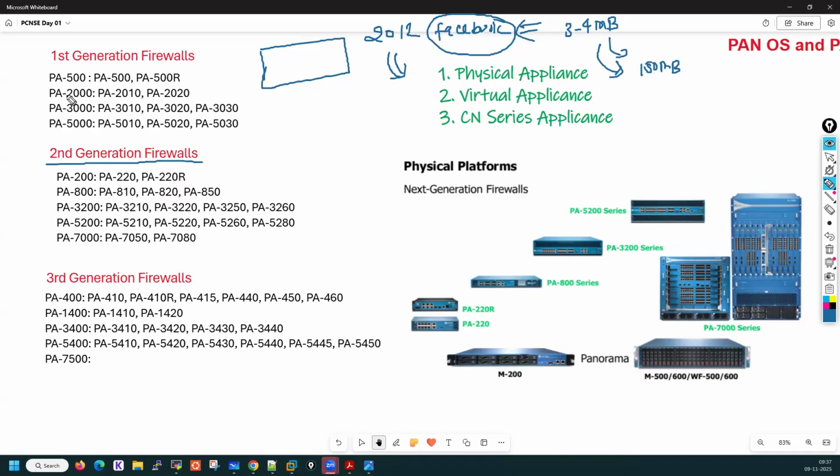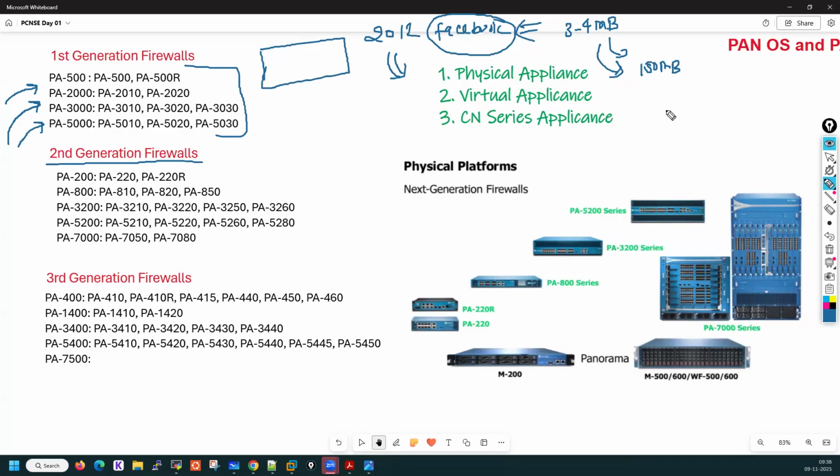So do you think the hardware appliance, whatever RAM, whatever chip we are using for CPU, and whatever hard drive we have on those devices, are they capable of handling today's load? They are not able to handle today's load, right?